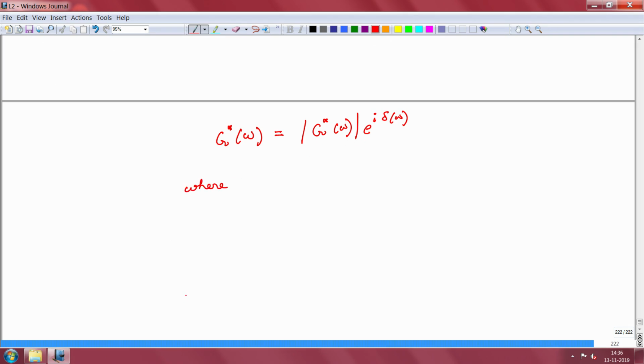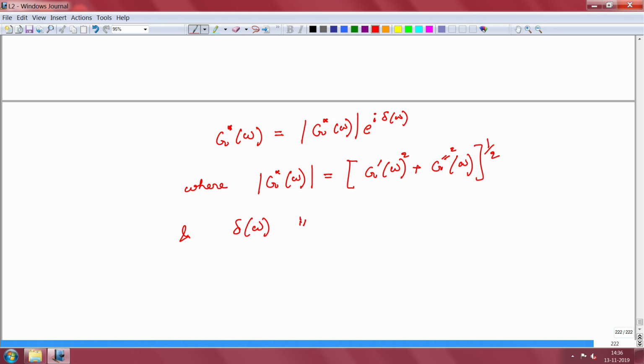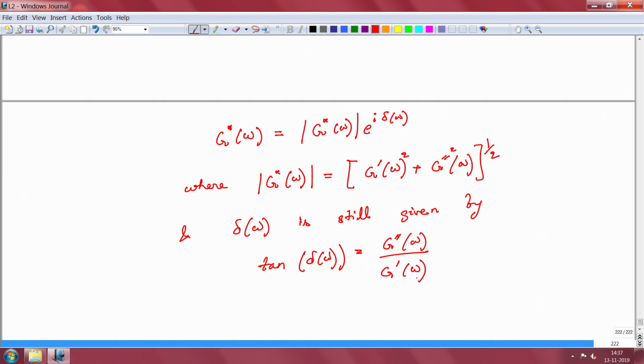where this amplitude, how will you compute for a complex number? We know from complex mathematics that this is simply this term, and this is still given by tan of delta(omega), and that is just a ratio of G double dash omega by G dash omega.